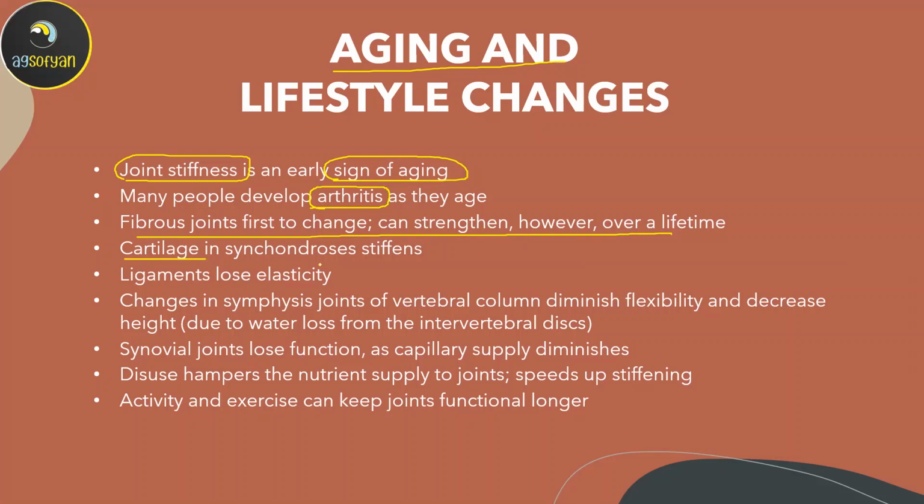Cartilage also becomes stiffened, harder, just like bone. Some ligaments will lose elasticity, with changes in the symphysis joint, so there is less flexibility in our movement in the pubic area. Synovial joints lose their function.